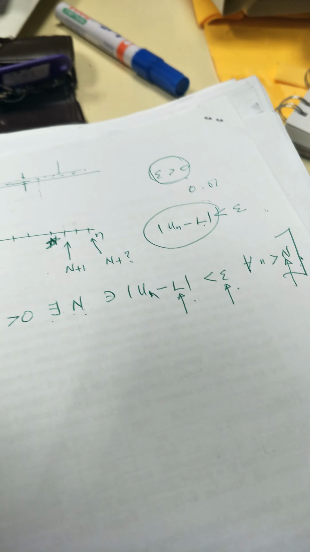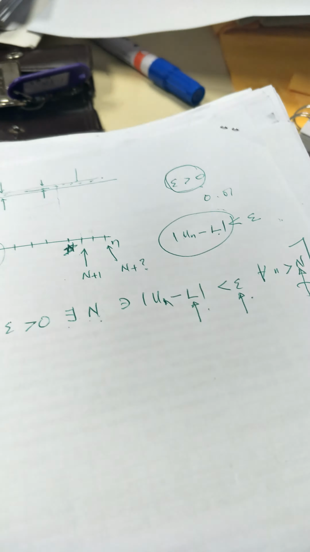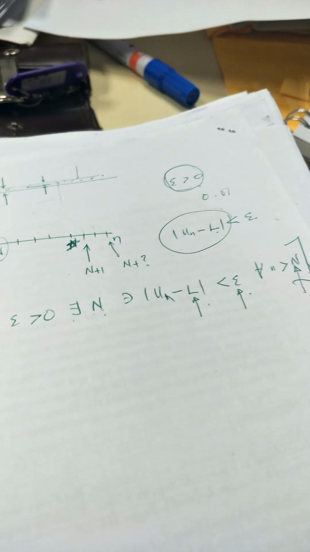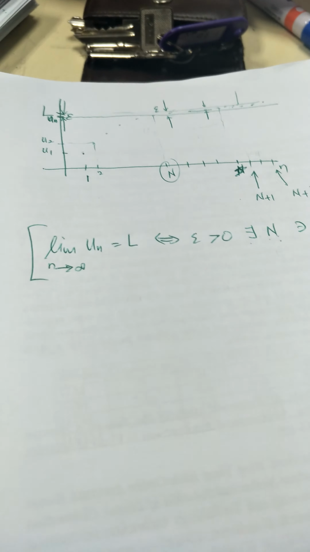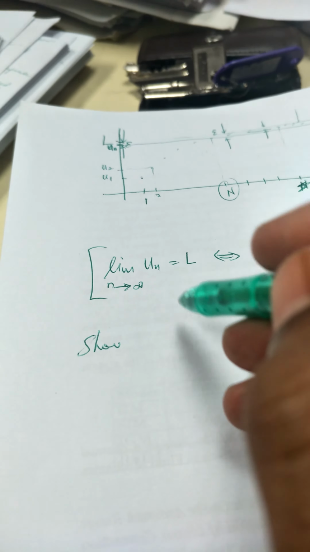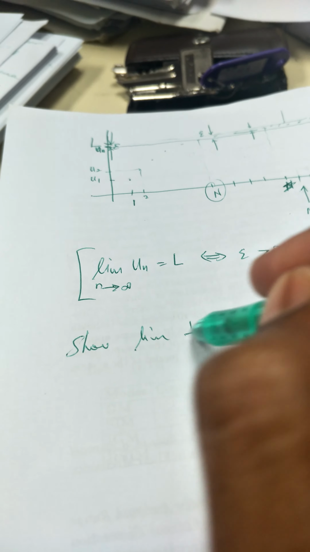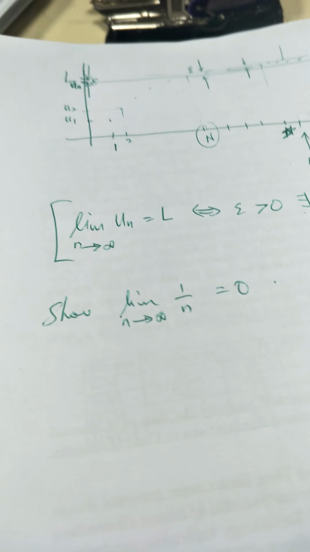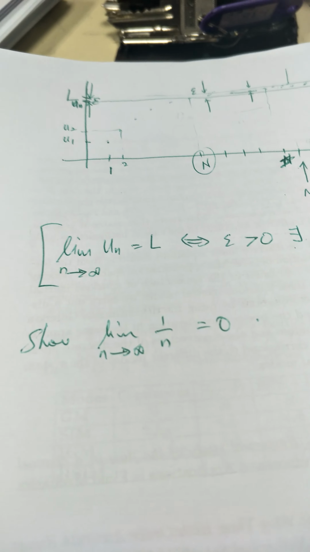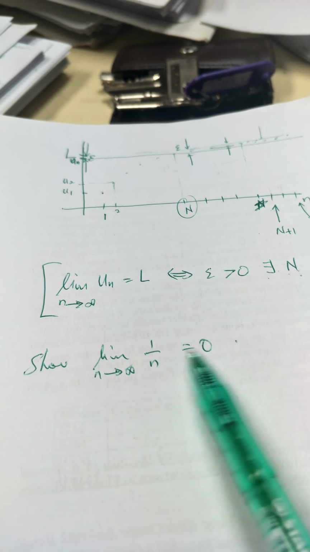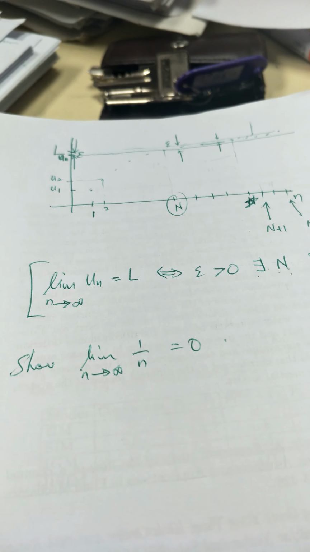Now, how to use this? Let's see some examples. Let me begin with a very simple example. Let's say we want to show that the limit of 1 over n as n goes to infinity is 0. This is obvious: as n gets bigger and bigger, it gets closer and closer to 0.